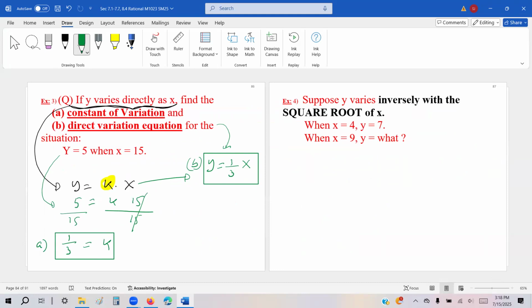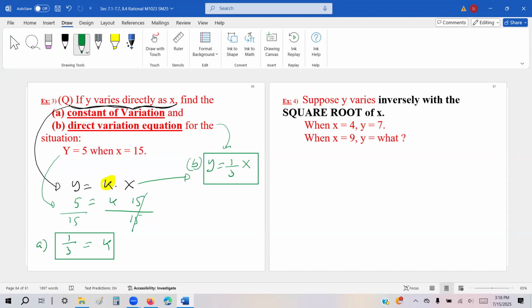Suppose y varies inversely with the square root of x. So step 1, identify which two things are changing. Before you read any further, just read the first sentence and tell me which two things are changing. Y and the square root of x.